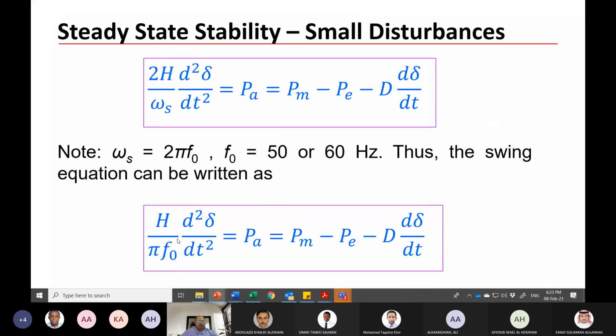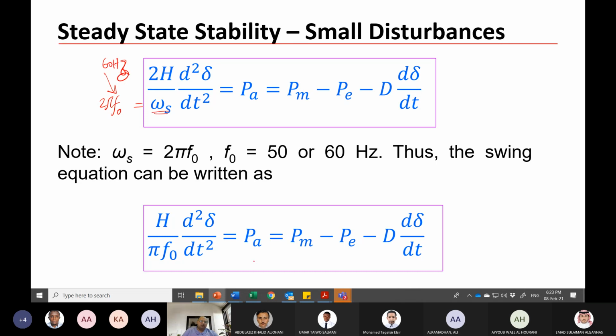So this is the swing equation in general. We have here the damping term. And of course, we can convert this omega s to 2 pi f, and this f is f0, which is 60 hertz.